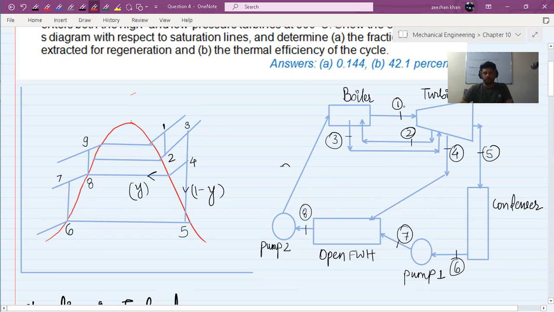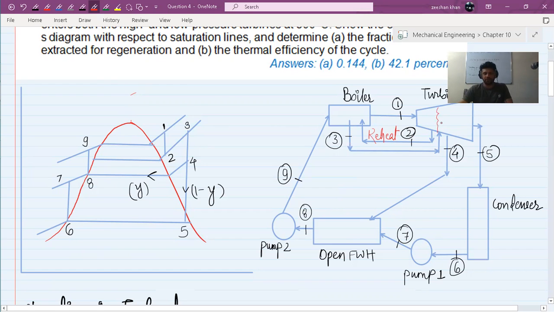So if the steam enters the turbine at state 1, it is taken out at state 2 for reheat, and then it is taken back to the low pressure turbine.